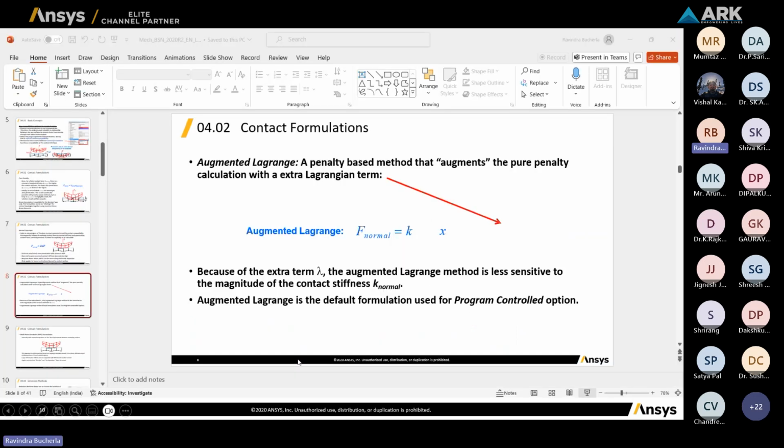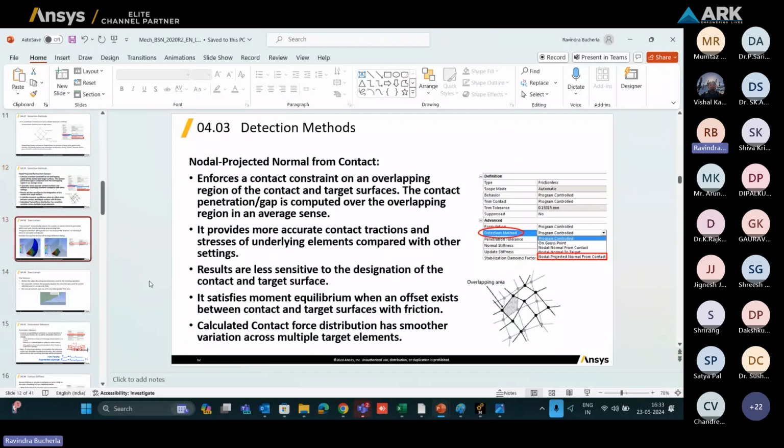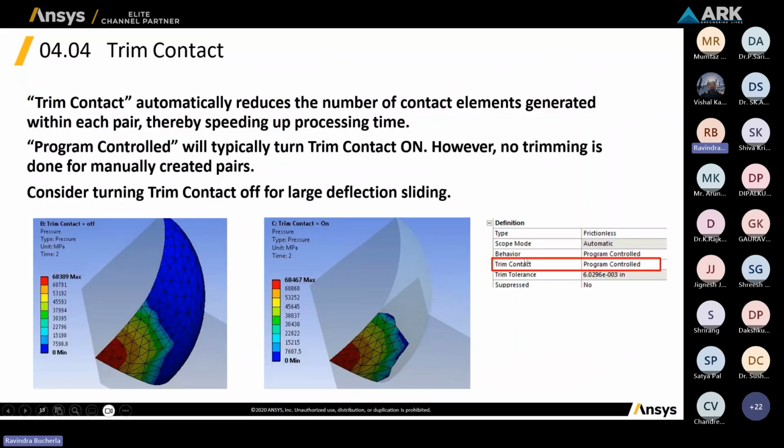One more important thing is trim tolerance. Trim tolerance is nothing but, if there are any elements which are selected in the contact but there is no contact, meaning those elements are not involved in the contact, the extra surface that we selected will be automatically trimmed.